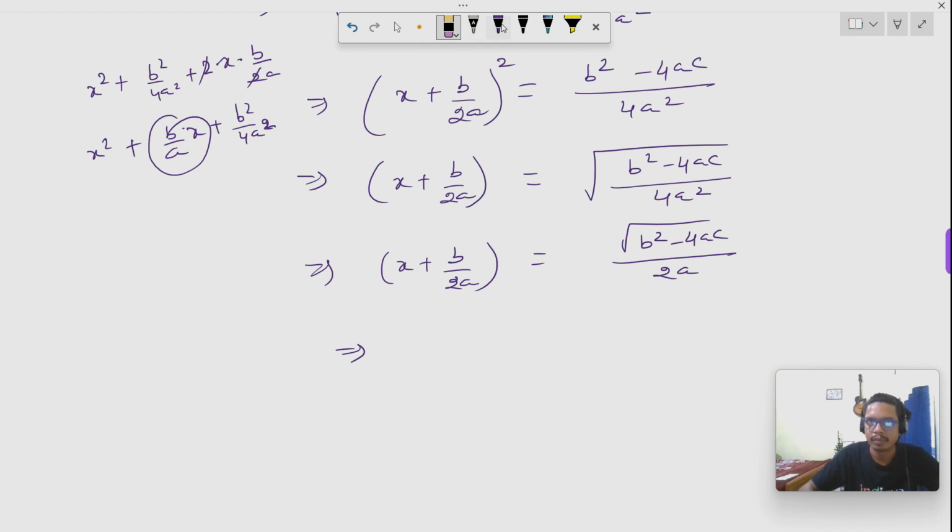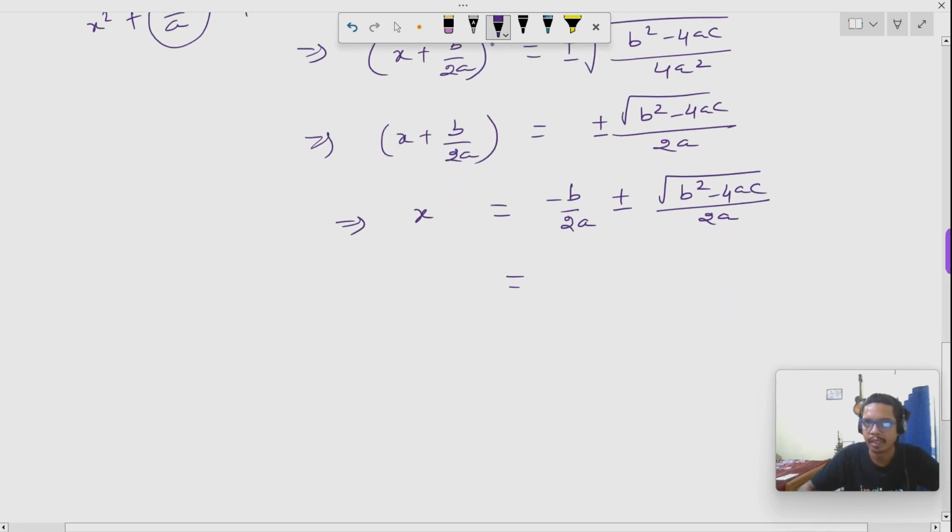This could further be written as x. Obviously, this term is going to be plus minus because it is a square root, and this whole relation could be further written as negative b plus minus square root of b square minus 4ac over 2a.